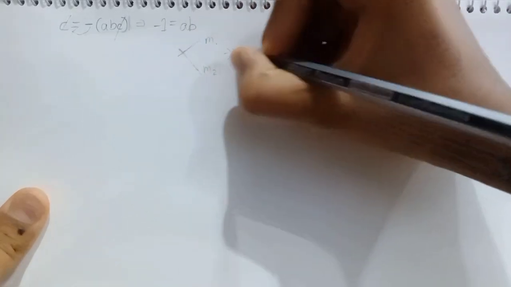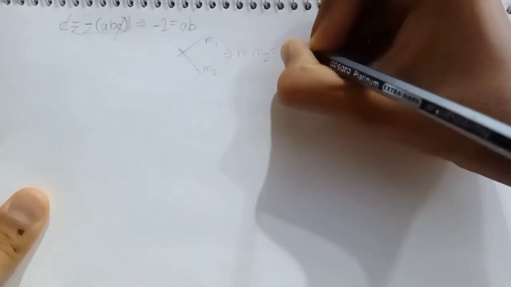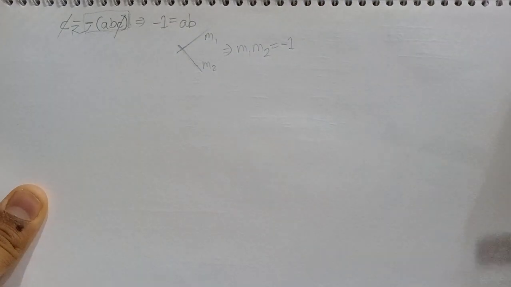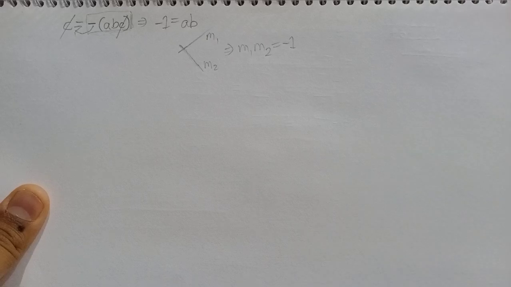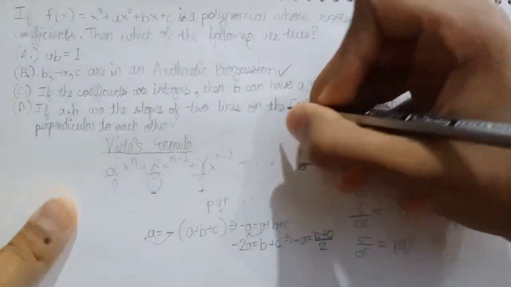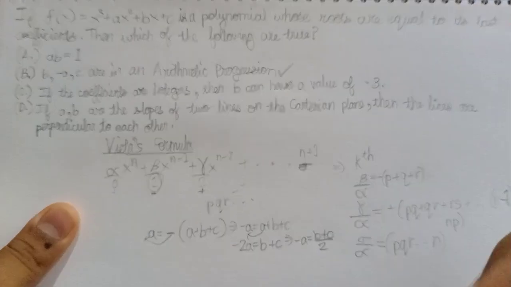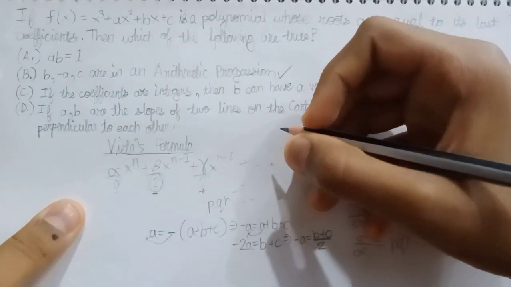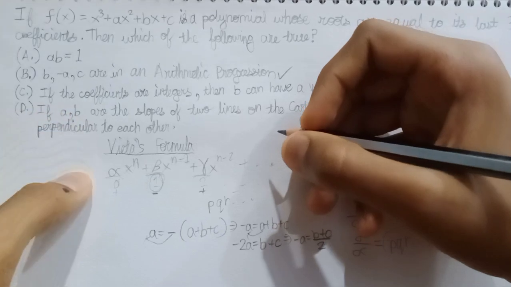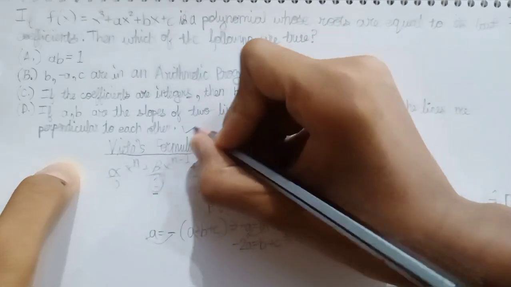That means m1 times m2 is equal to negative 1. Let's look at what we have. Since the product of a and b is negative 1, the line whose slope is a will be perpendicular to the line whose slope is b. So this is also correct.